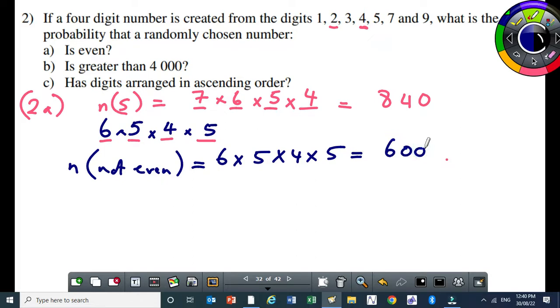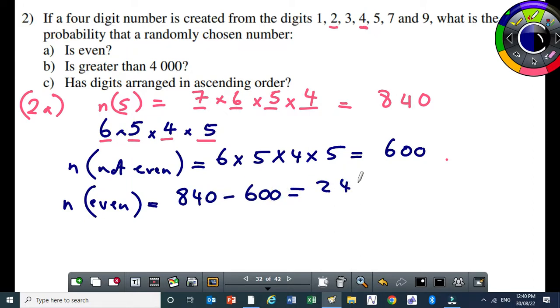Are you following? Then n even means the number of numbers that are even. It will be 840 minus 600, and this will give us 240.